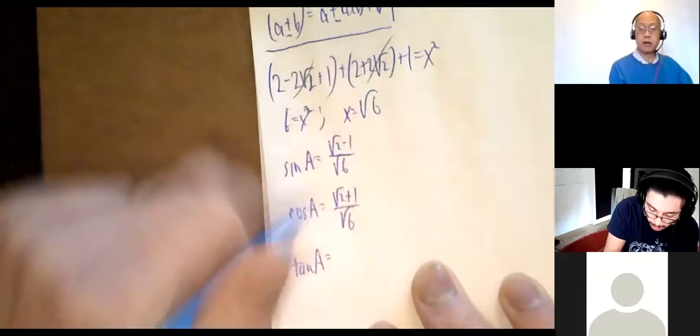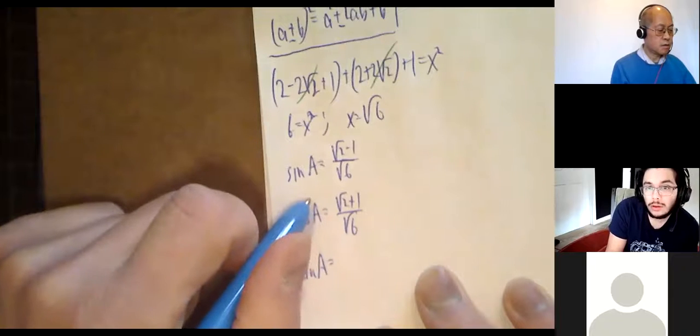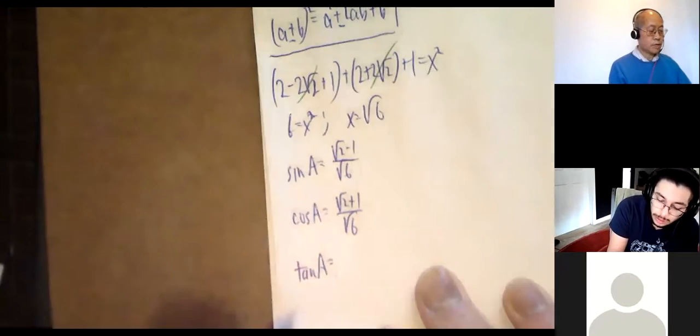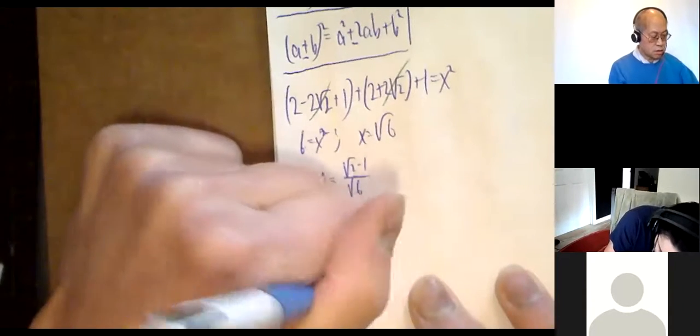Sorry, I'm supposed to put radical here. I think I put 6. It's supposed to be radical 6. And tangent, well, they already gave that to me, so I'll just copy that. Radical 2 minus 1 over radical 2 plus 1.